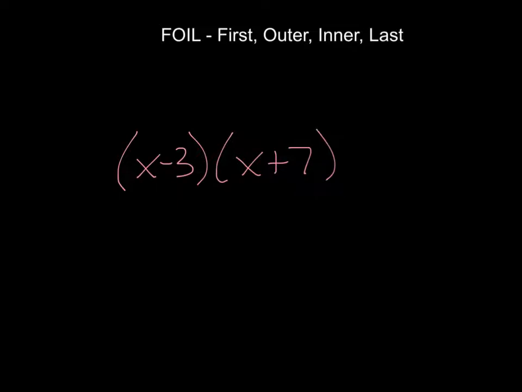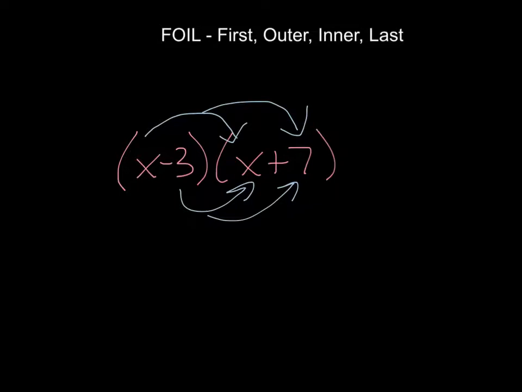When you have binomials, it's the first, then the outer, then the inner, and then the last, and that's where FOIL comes from. But as long as you remember to distribute every term to every term, then it's going to be pretty easy.